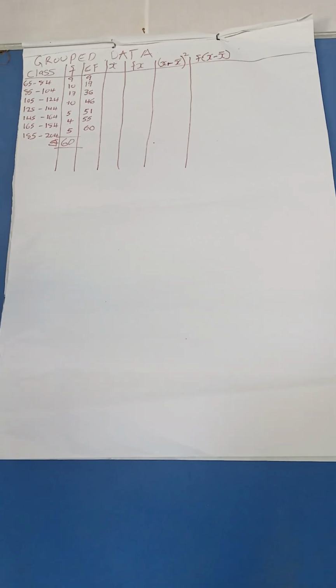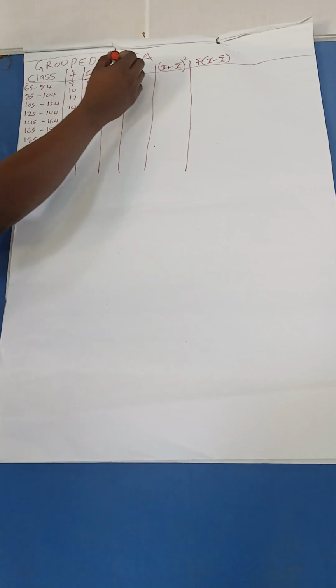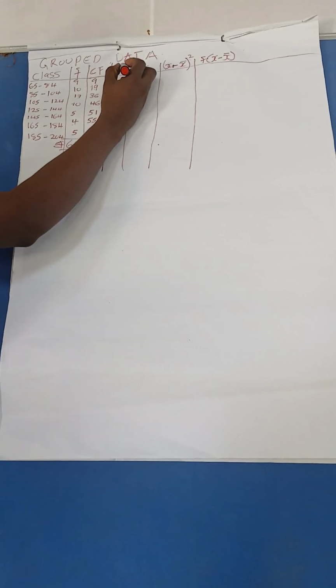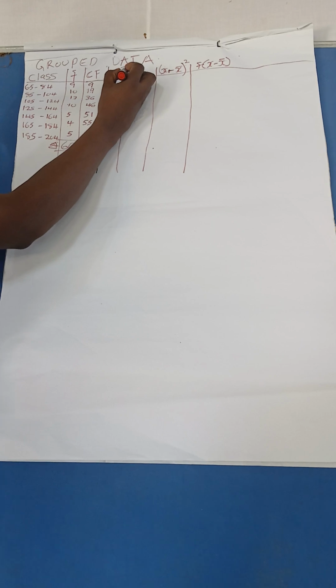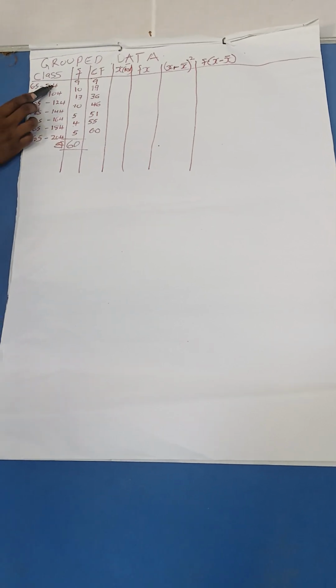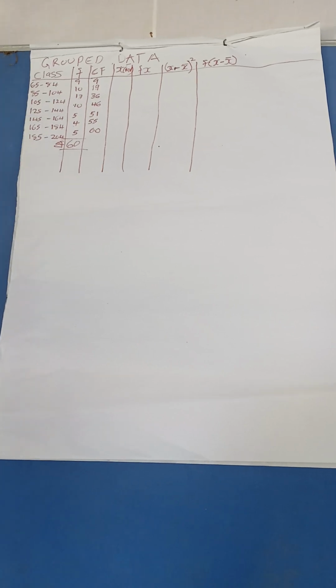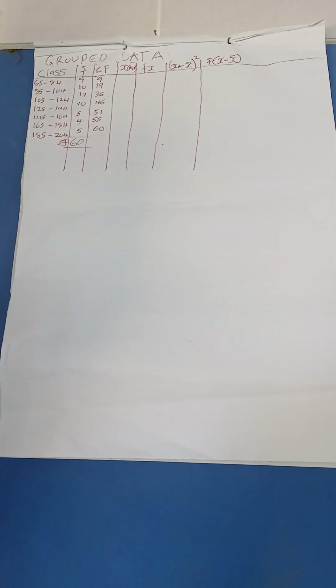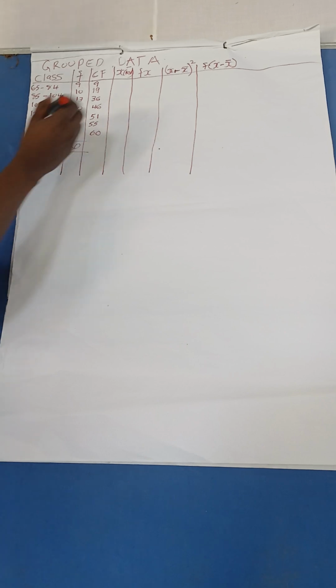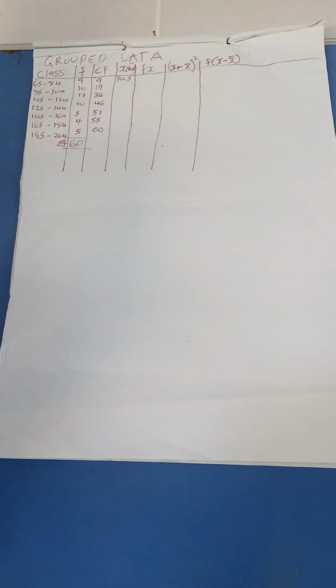X is the midpoint. Midpoint of what? Midpoint of the class. You add the lower class limit 65 plus the higher class limit 84, and divide by 2. So the first value of X will be 74.5.